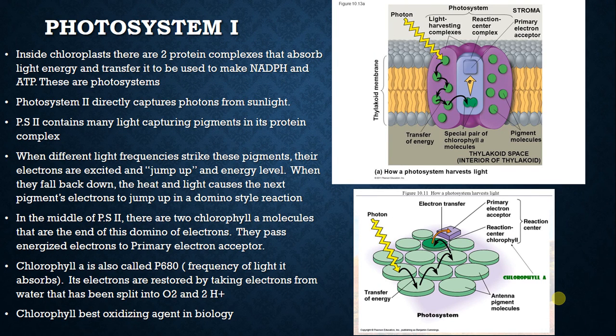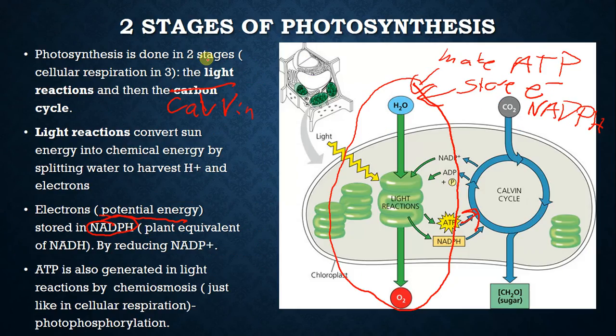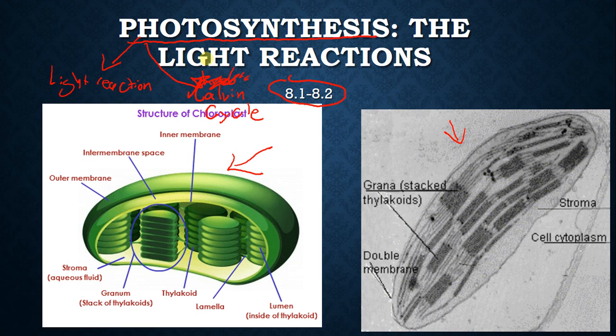So, plants absorb light energy in photosystems. Inside chloroplasts, there are two complexes that absorb light energy. Those complexes are found in the membrane of the thylakoid. Each of these little discs is a thylakoid. This is where photosynthesis happens.